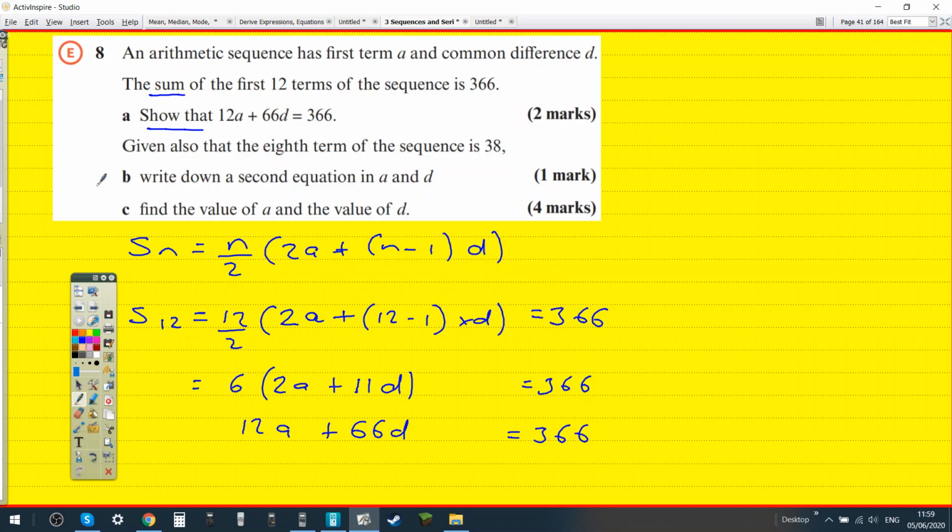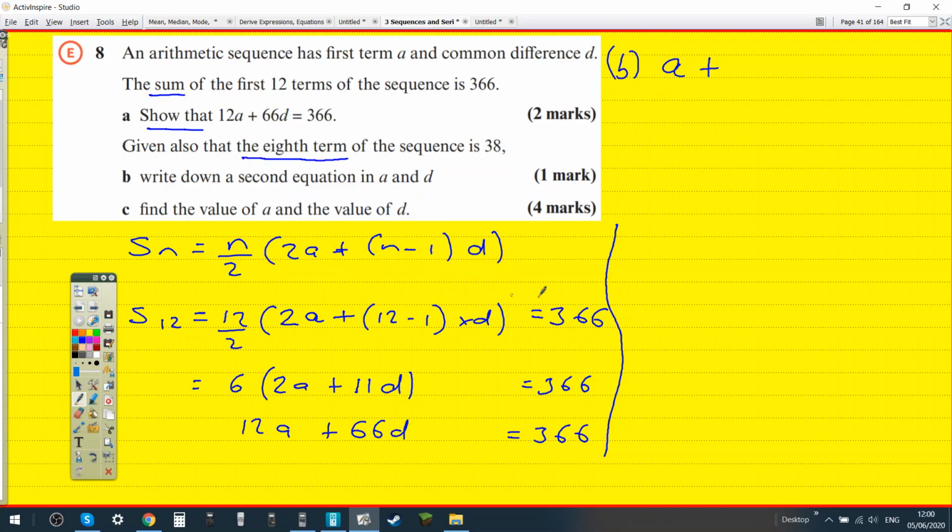How do we do b? Would I just do like a plus a, would I do 2a plus... This isn't a sum. This is the 8th term.